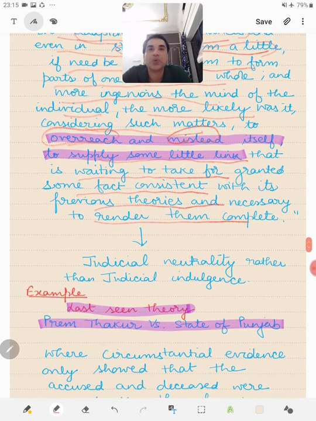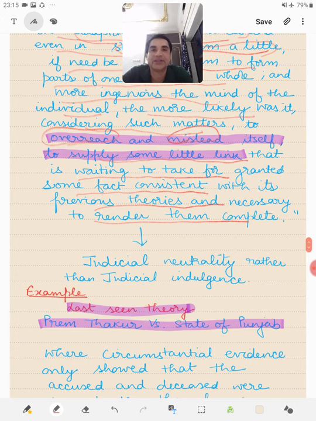That is, what happens is that the cognitive sense of the judge may overreach, may be misled to supply some little link. I told you that there should be a complete chain of events. So if there is a missing link in the chain of events, objectively one should look at it.